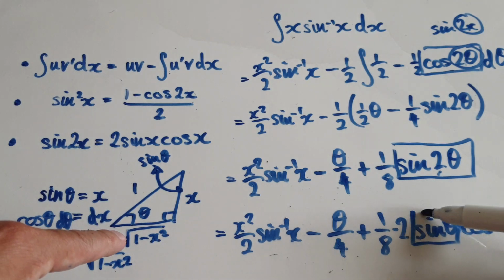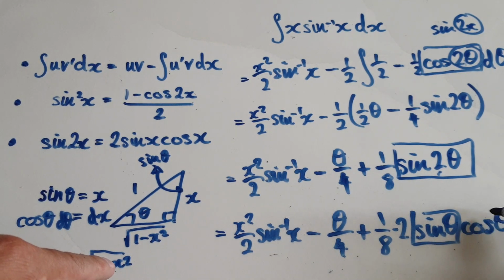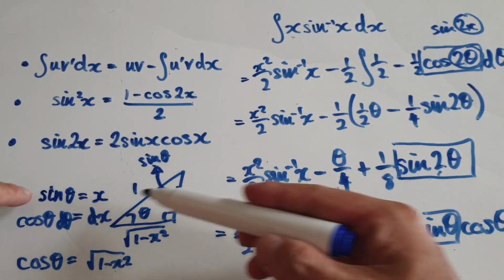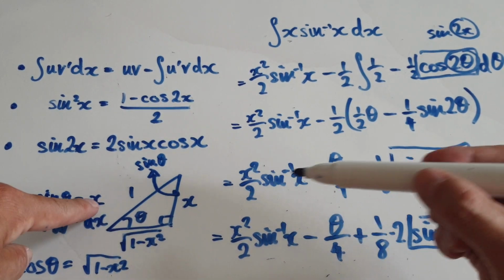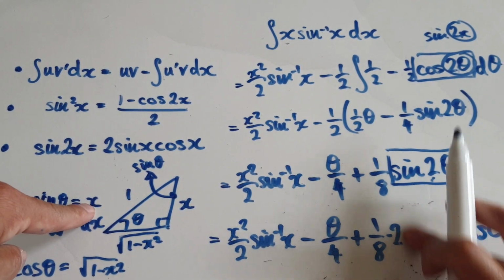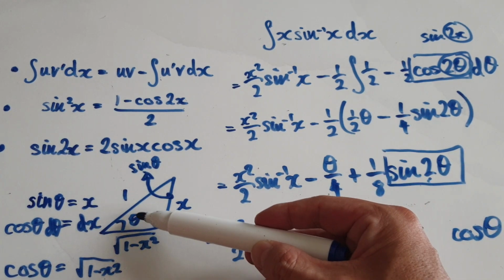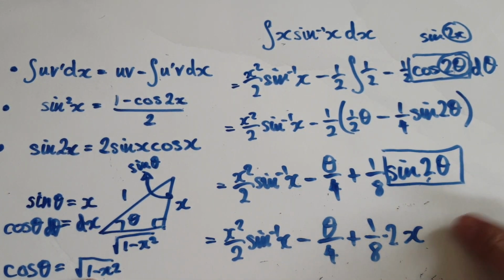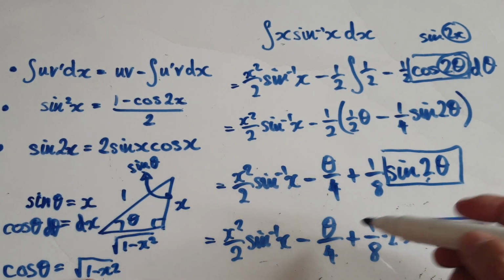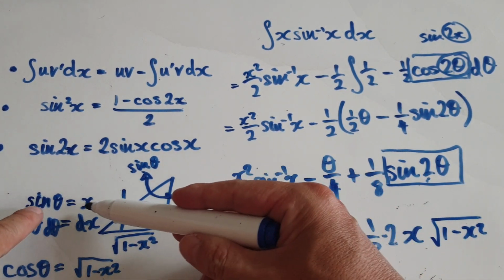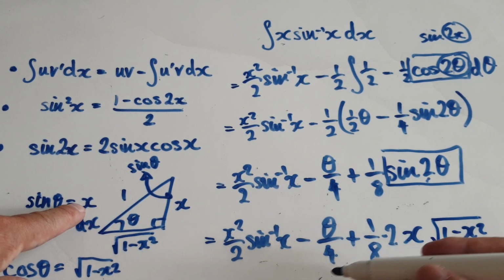Remember, we don't want the answer in terms of theta. So we would replace sine theta with x. From here, you would go back to the diagram. You can see that sine theta is x, and the cos block is this square root thing, so that would be square root 1 minus x squared. And what is theta? Theta is inverse sine of x.